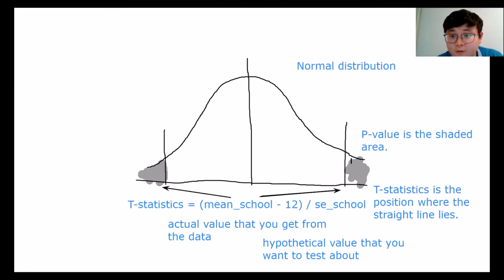It's the square root of the variance of male divided by the number of males in the data set plus the variance of female divided by the number of females in the data set. The difference in sample means, which is the score gap, is then the mean of male minus the mean of female.